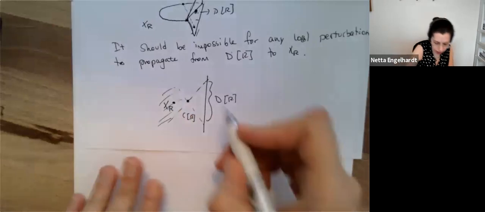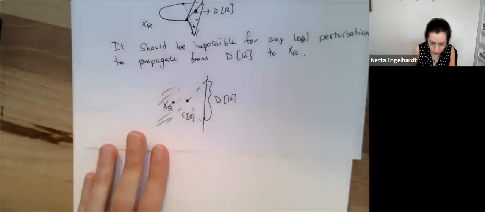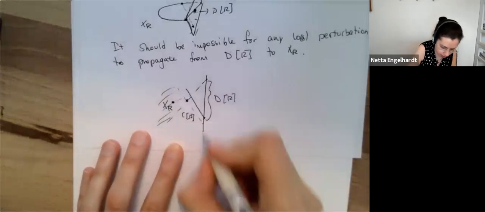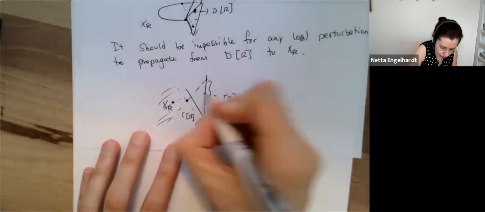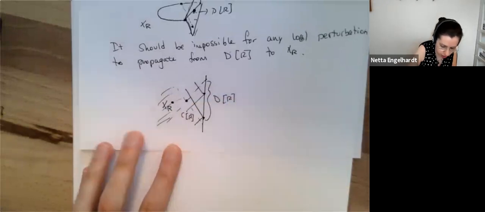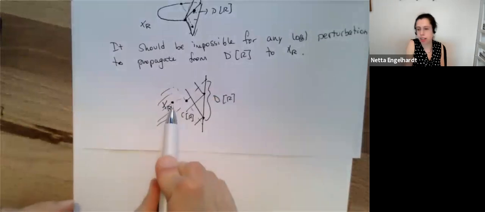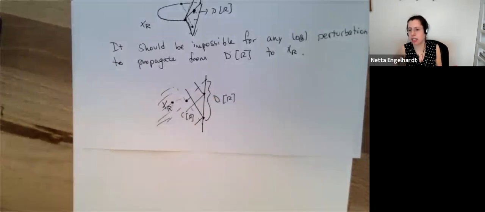That would guarantee that no matter where you turn on your local unitary, whether it's here where it would propagate this way, potentially also this way, or over here, propagate this way or that way, none of these signals could possibly change anything about XR. It's a consistency condition that we need, and it fortunately turns out to be true.